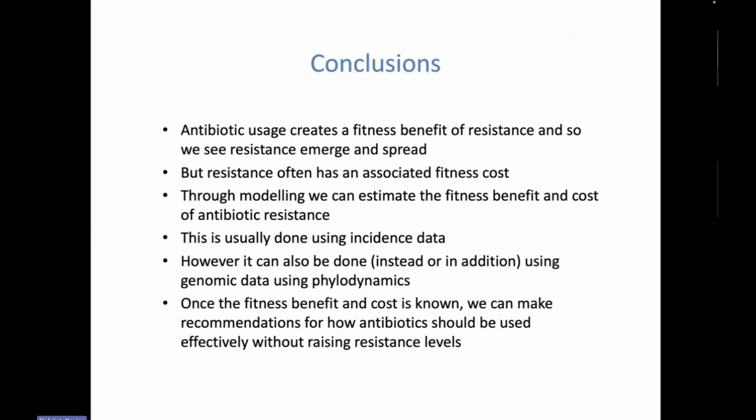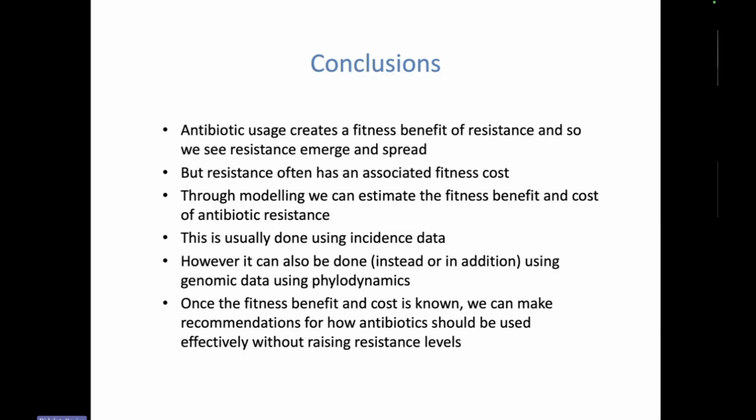So just to conclude very briefly, there's a clear fitness benefit of resistance, because, of course, antibiotic usage creates this fitness benefit, and we see resistance emerge and spread when we start using an antibiotic too much. But it's worth bearing in mind that resistance typically also has a fitness cost. And so we can build models to estimate those costs and benefits.